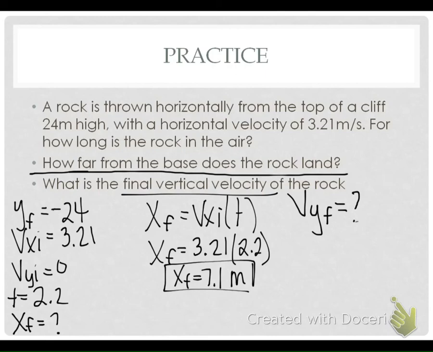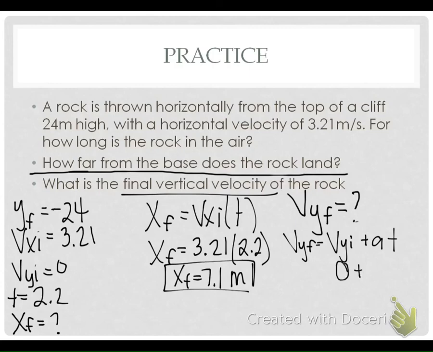So find an equation that we can use to solve for that. Yeah, the first one. V sub yf equals V sub yi plus at. And in this case, can we drop the V sub yi? Yes, because it's 0.